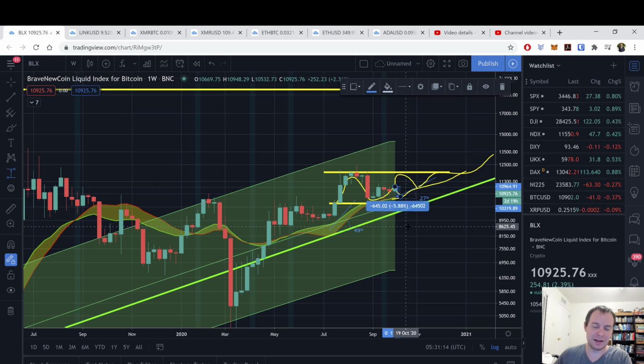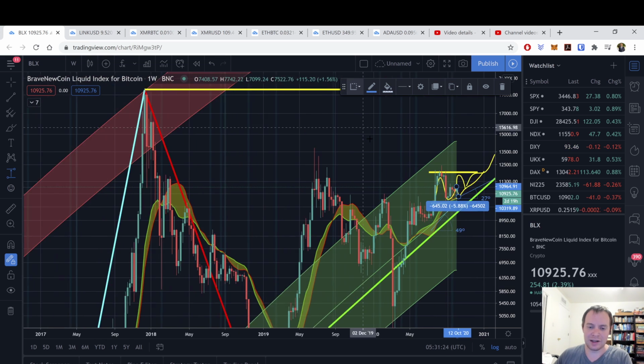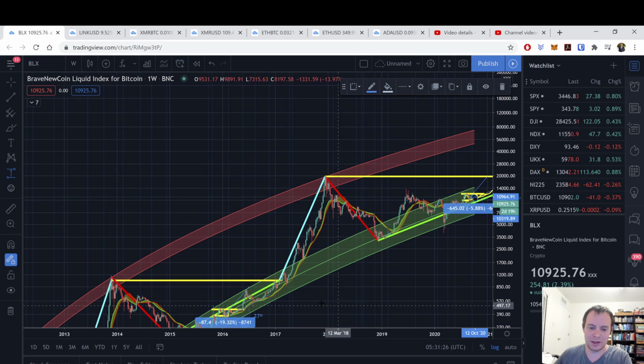So with the idea of lengthening cycles in mind, it makes sense that we're hugging the 20-week moving average for quite a long period of time, because we can look back at the last cycle and recognize that the first test of the 20-week was the longest one, and the subsequent tests were much shorter.